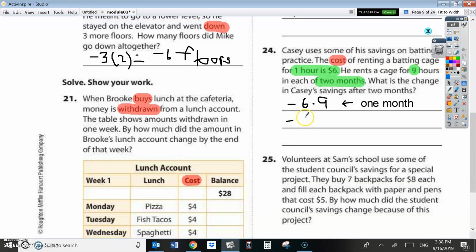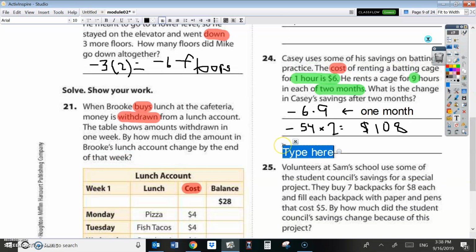It's negative 54 times 2 equals $108. $108 less.